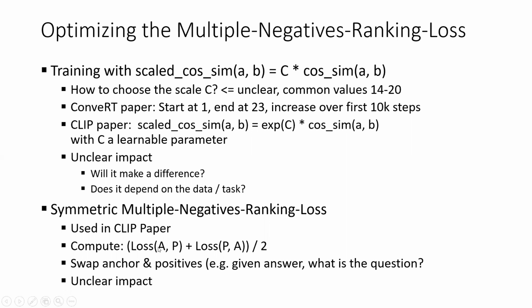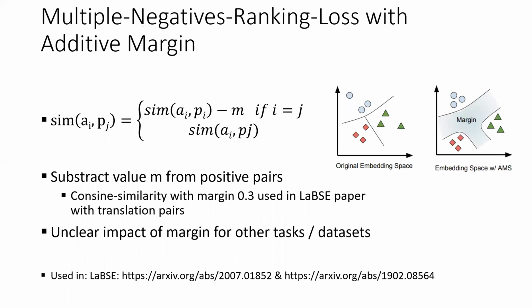You take the loss between anchor and positives, and then you swap the two and take the loss between positive and anchor, and you divide it by 2. Here again, the impact is unclear: will it improve the performance or lead to faster training times? It could be interesting, as part of this community week, to do some experiments and find a scientific answer to how you select the scale and whether you should use symmetric or non-symmetric multiple negative ranking loss.